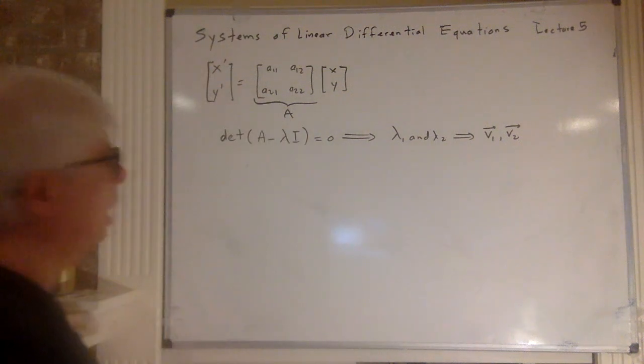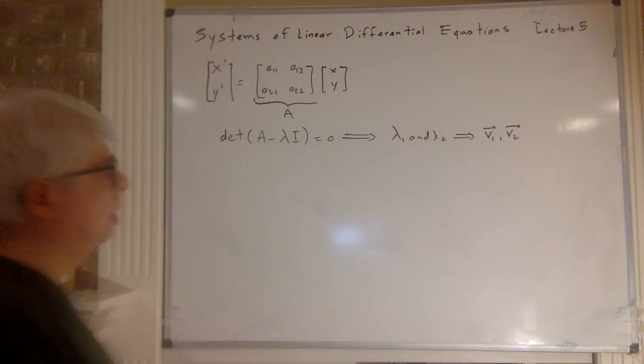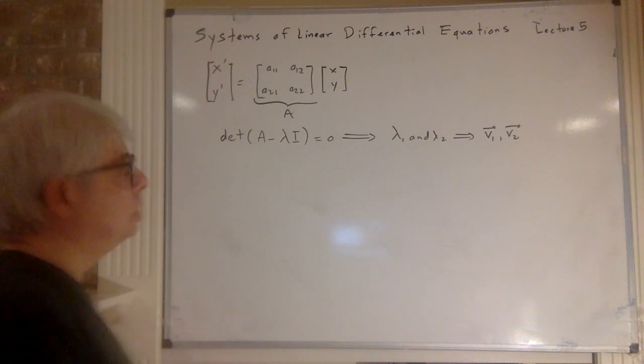Now I discussed the case that lambda 1 and lambda 2 are real and distinct.